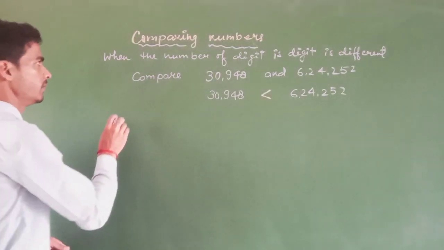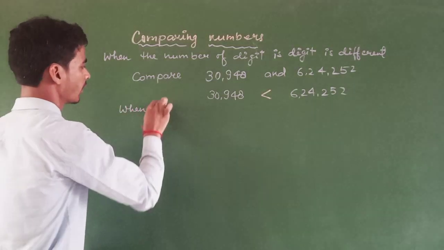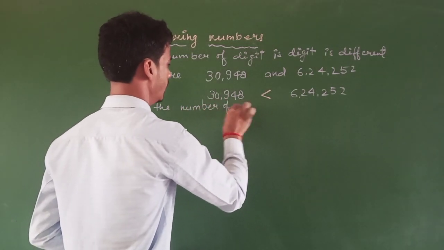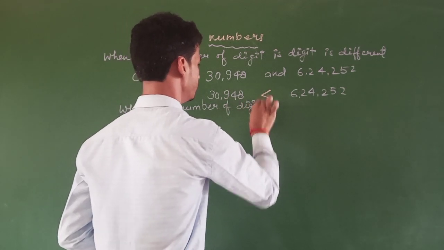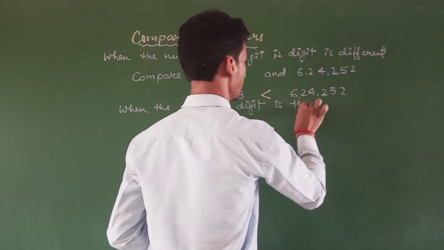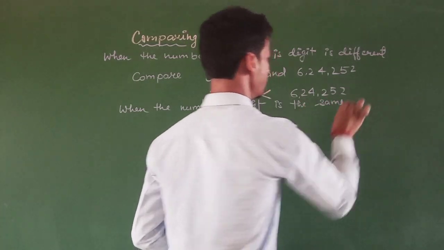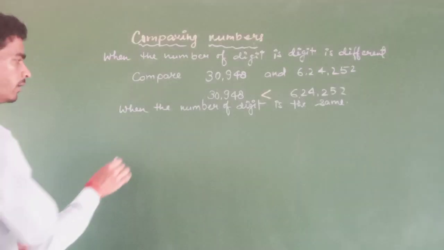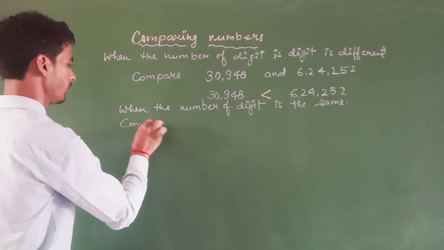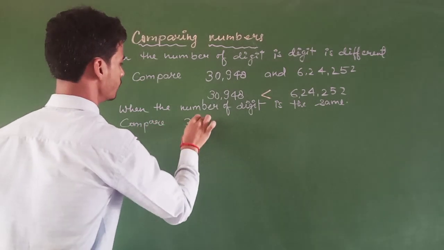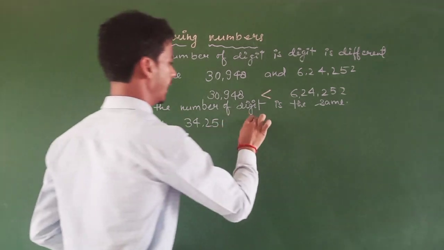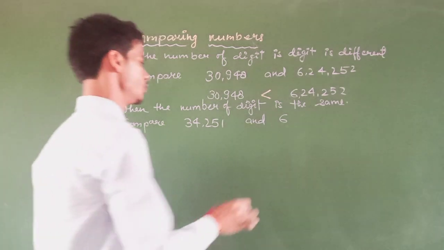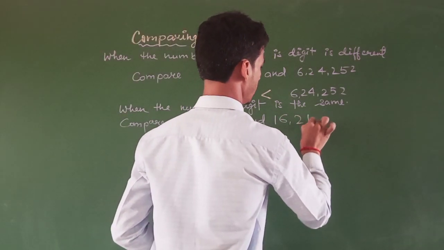When the number of digits is the same. In this condition, the first example is compare 34,251 and 16,219.